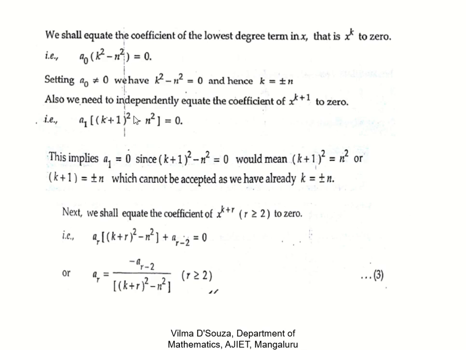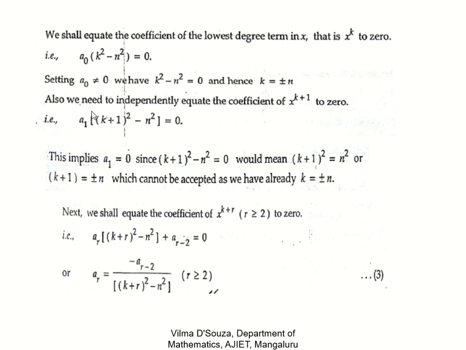A1 times k plus 1 whole square minus n square. This implies a1 equal to 0, since if you take the term inside the bracket, k plus 1 whole square minus n square, as 0, then k plus 1 whole square is equal to n square, or k plus 1 is equal to plus or minus n, which cannot be accepted because already you have k is equal to plus or minus n.